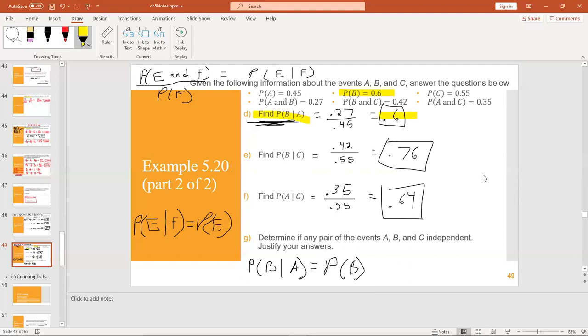Here is the probability of B given A. So A and B are independent. That is how you would use the definition of independent events. The other ones don't match. 0.76 doesn't match any of those. 0.64 does not match any of those. So that is the end of section 4 and conditional probability.